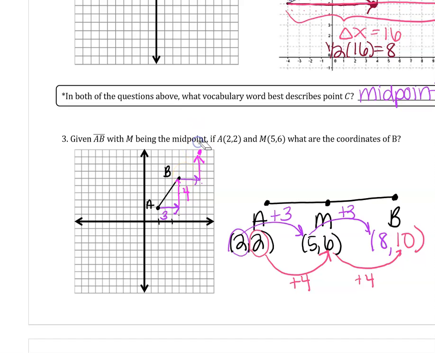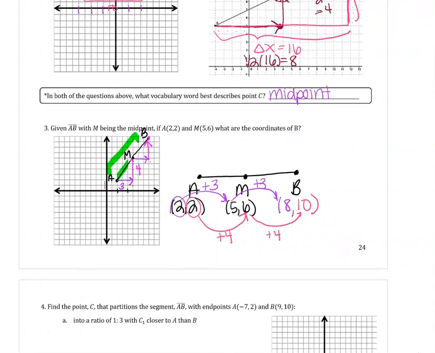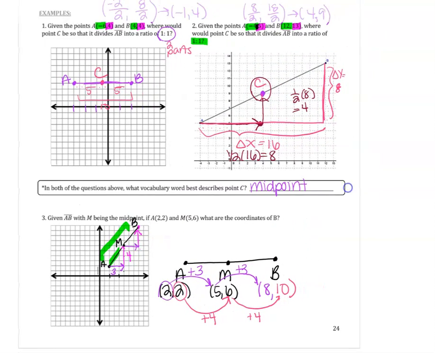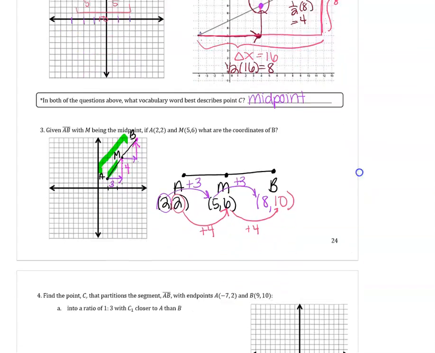Sorry, this is supposed to be M, that's B. We land at the same point of (8, 10), where each part of this is 1/2 of the whole segment in a ratio of 1 to 1. So that's how we would do 1-to-1 ratios or midpoints, which again should sound familiar from the beginning of the year.